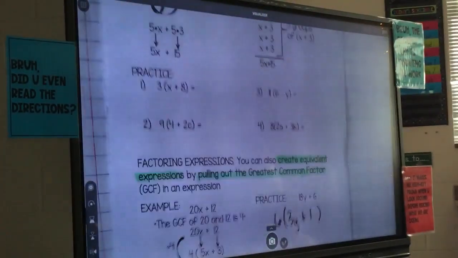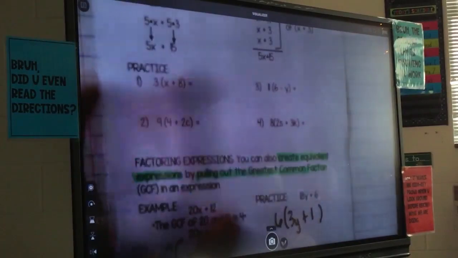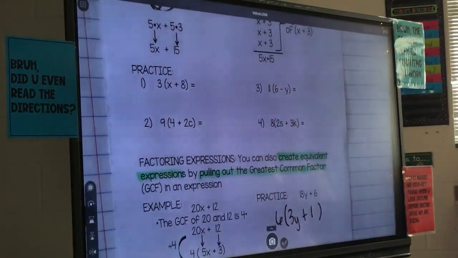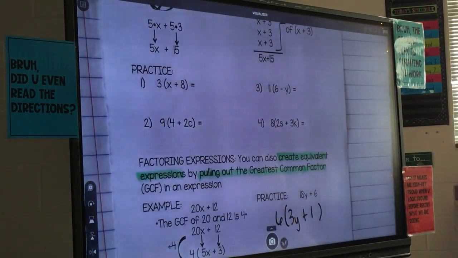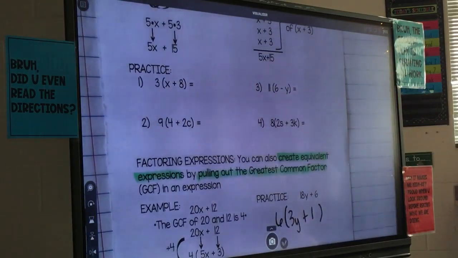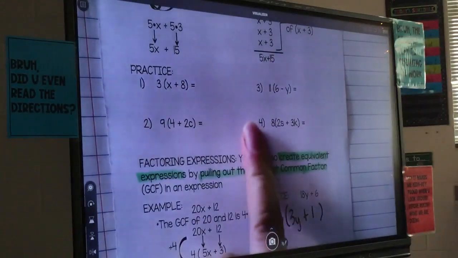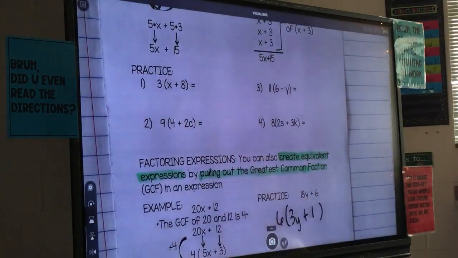You guys, as a group, are completing 1, 2, 3, and 4. When you are done, you're bringing your papers to me. If everything comes out and you did it correctly, you're getting your homework. If not, I'm sending you back as a group and you have to fix them. Hold on, guys, stop for a second.